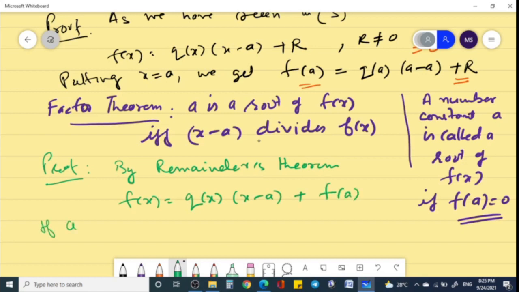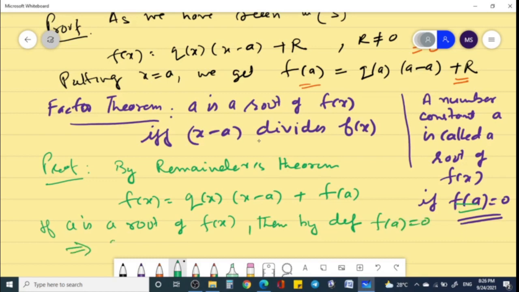If a is a root of f(x), then by definition f(a) equals 0, and from expression 4 we get f(x) equals q(x) times (x minus a), and the remainder is 0 now.